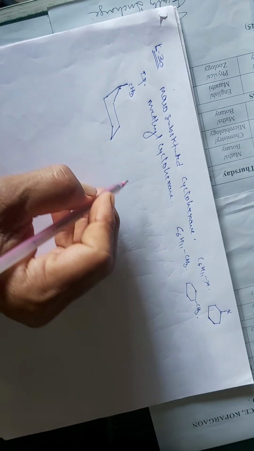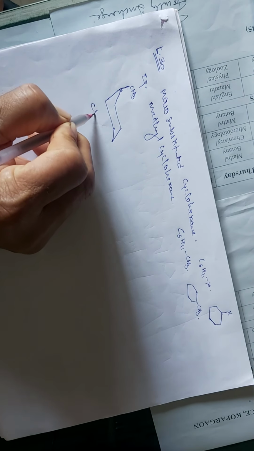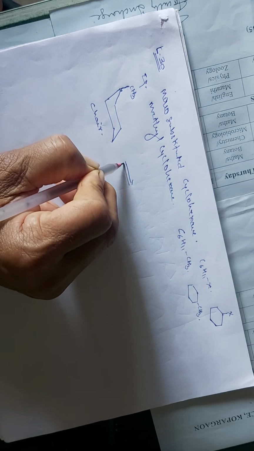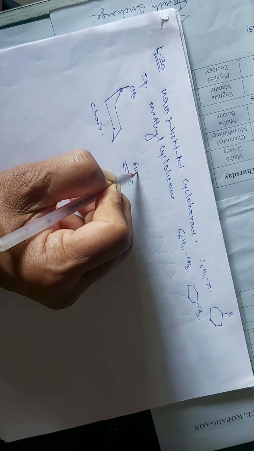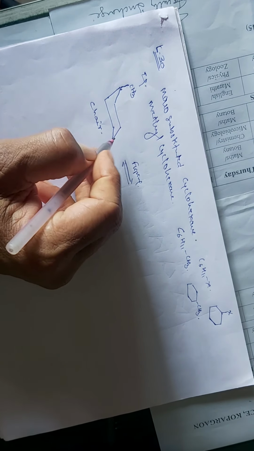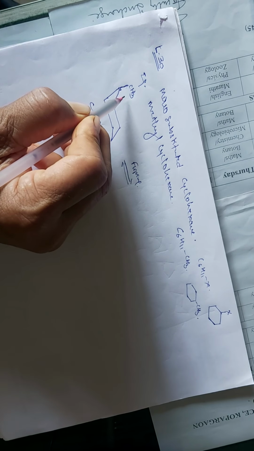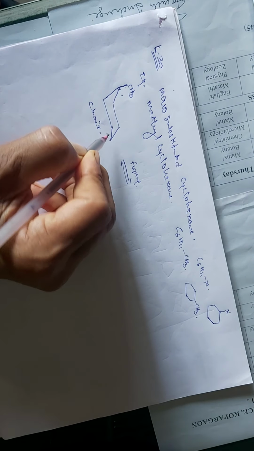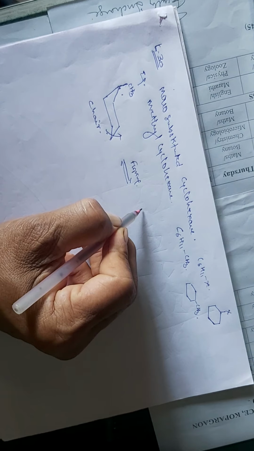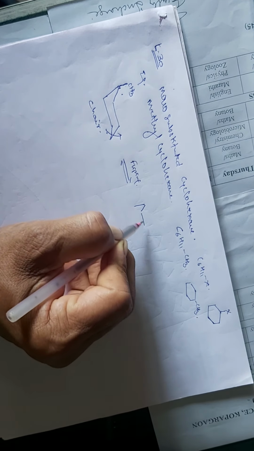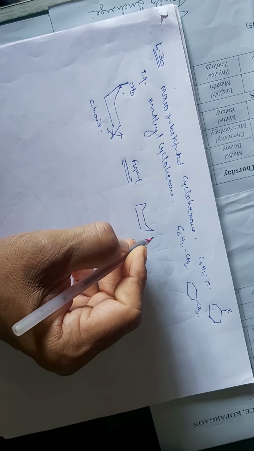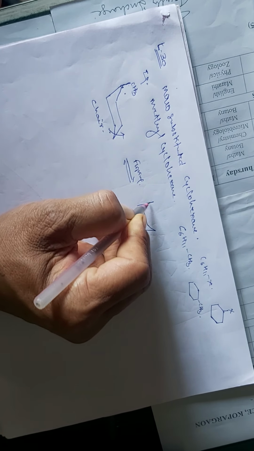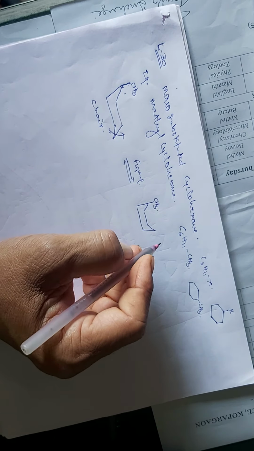When it is in axial position, this is one of the chair forms. One chair form gets converted into the other by ring flipping. By flipping of the ring, if this carbon goes above the plane, you will get the formation of a boat conformation. As the boat conformation is unstable, the substituent will remain as it is.